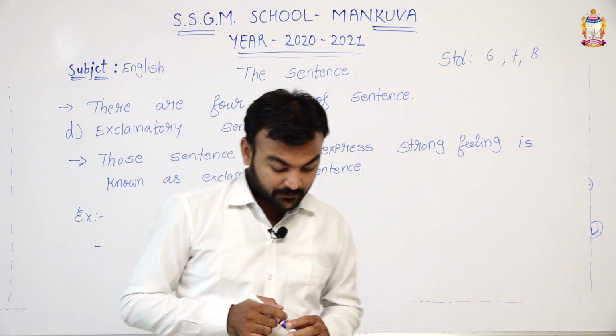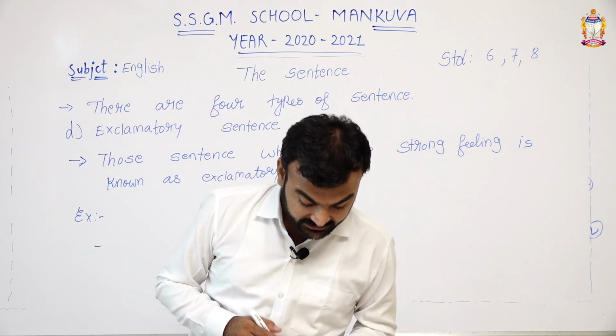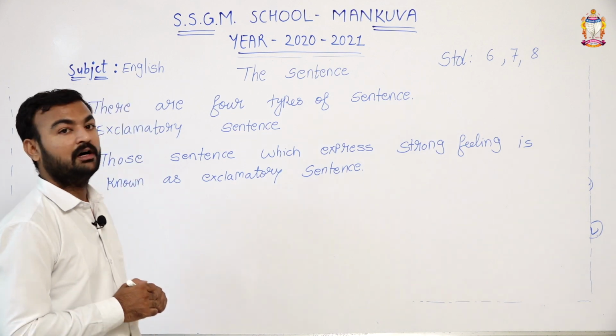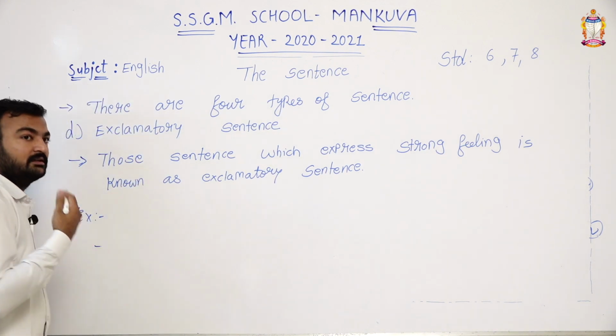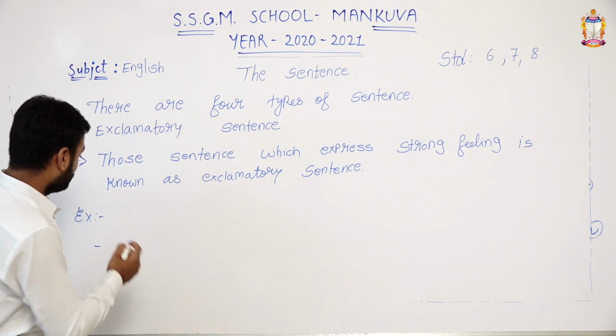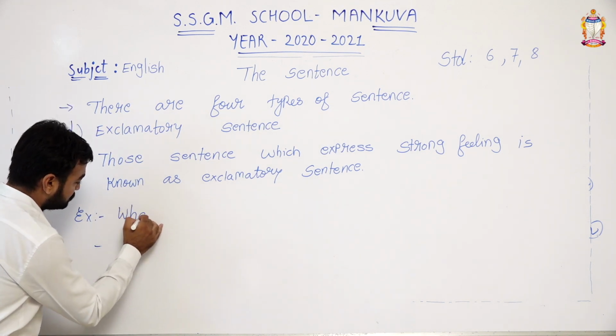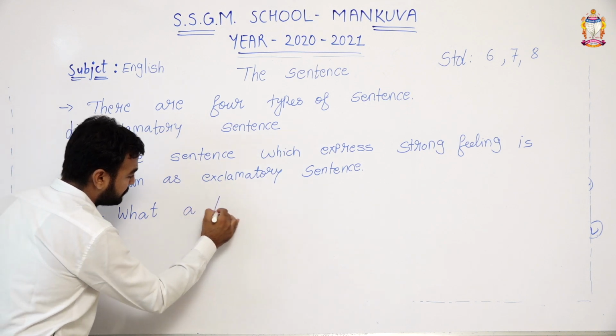For example, how warm the day is. Example number 2, what a terrible hot it is.